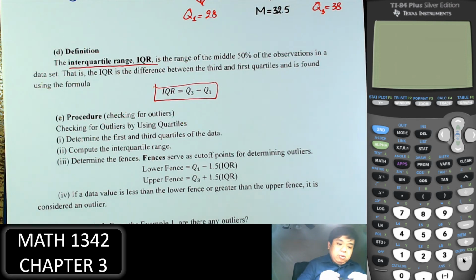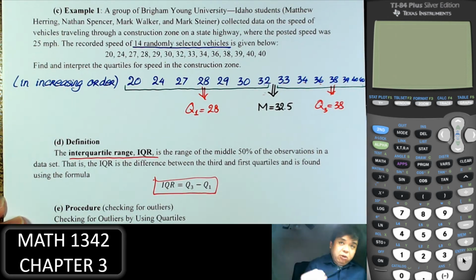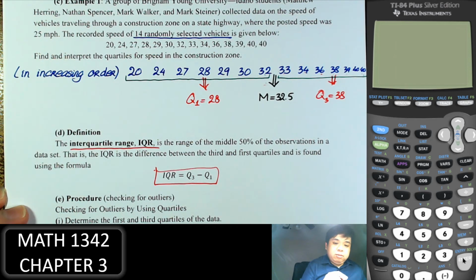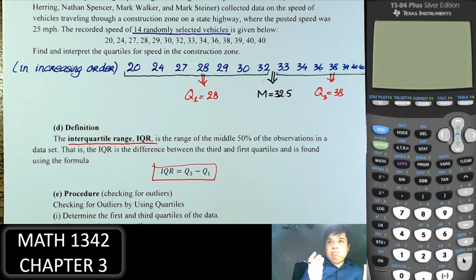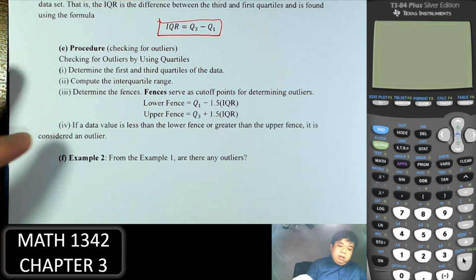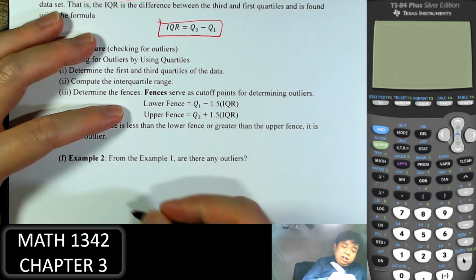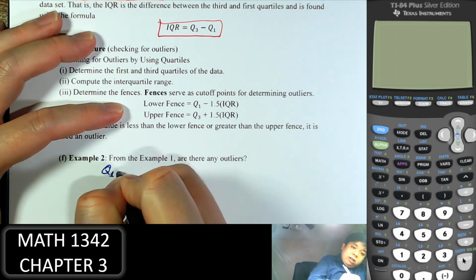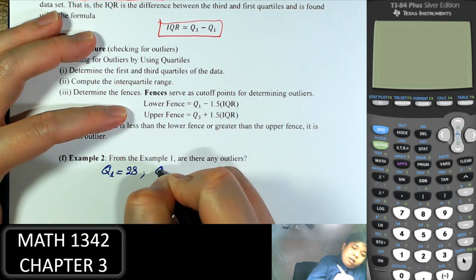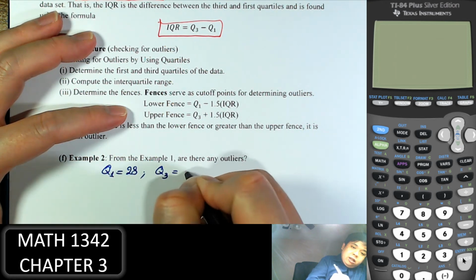If we use this example, for that information, what is the IQR? So 38 minus 28, 10. So from the first example, let's summarize everything. We have Q1 is 28, Q3 is 38.